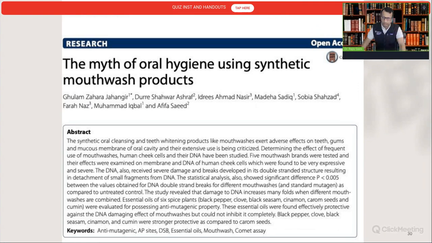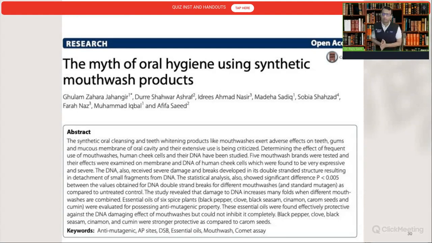Let me share another study. Another study published in a Springer journal, a very well respected publication house, mentioned that oral hygiene products based on synthetic ingredients disturb the oral microbiome.